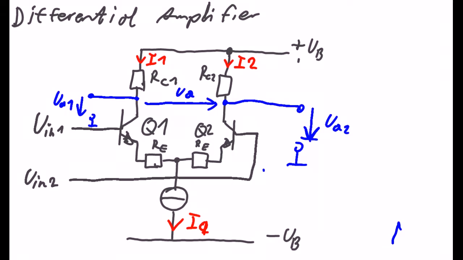With the currents I1 and I2 and IQ, and with the voltages for the output UA1 and UA2, and the input voltages U in 1 and U in 2, we will get the resulting drawing for calculating the amplification of this circuit.